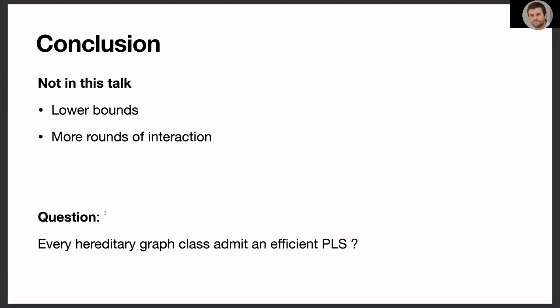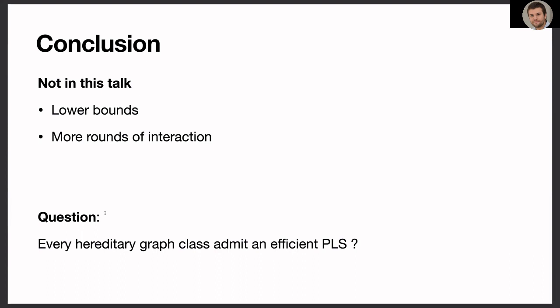And here is a question that I want to propose, that we discussed in one of our articles with Laurent: whether every hereditary graph class can admit an efficient, logarithmic-sized proof labeling scheme. We don't know any counterexamples yet, but it's quite hard to think of a proof for this.